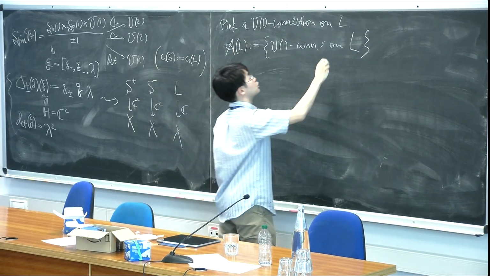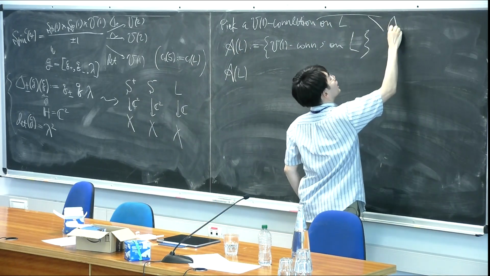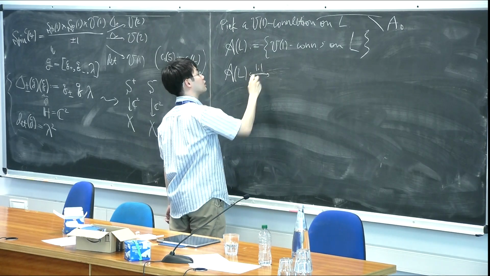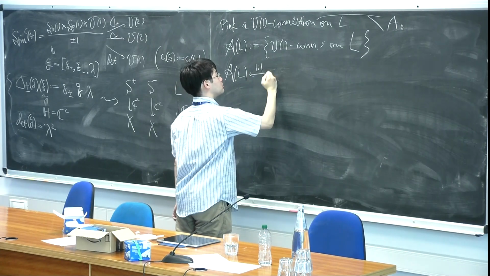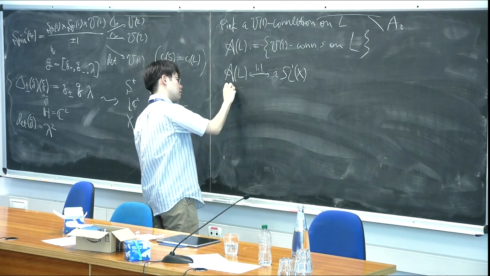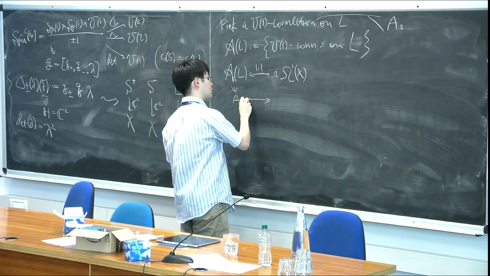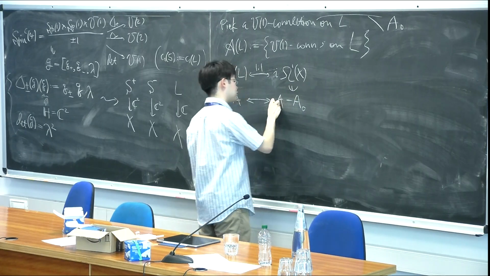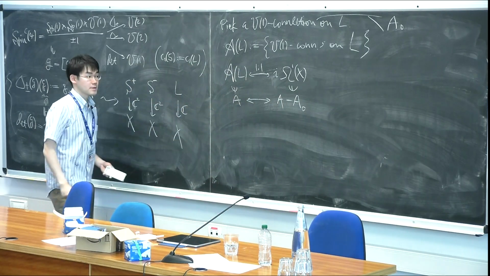So let me pick a U1 connection, say A naught. Using this A naught, you have a bijection mapping to imaginary-valued one forms on your manifold, just by taking the difference from your connection to A naught. Okay?